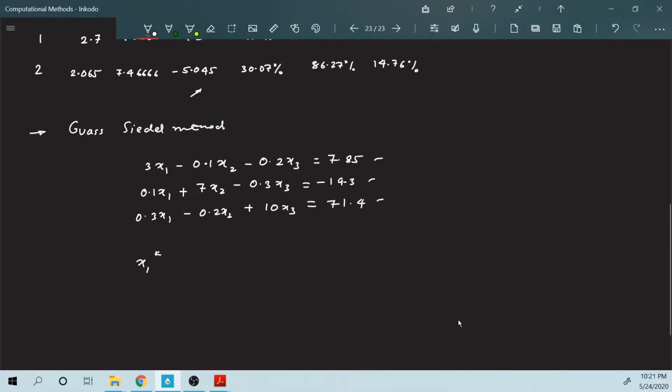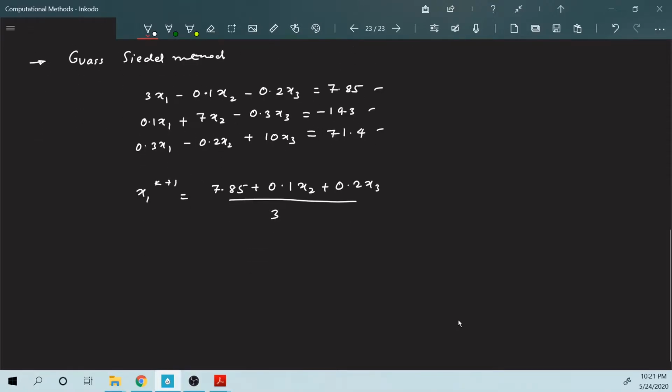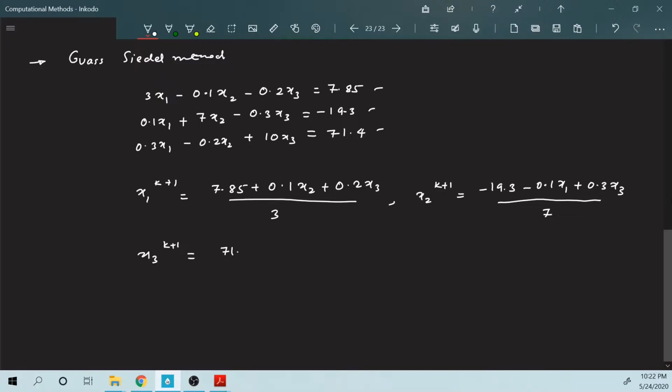So x1 at k plus 1 is going to be (7.85 plus 0.1 x2 plus 0.2 x3) divided by 3. x2 is going to be (minus 19.3 minus 0.1 x1 plus 0.3 x3) divided by 7, and x3 is going to be (71.4 minus 0.3 x1 at k plus 1 plus 0.2 x2 at k plus 1) divided by 10. Okay, let me erase this and I'll explain why I wrote k plus 1.